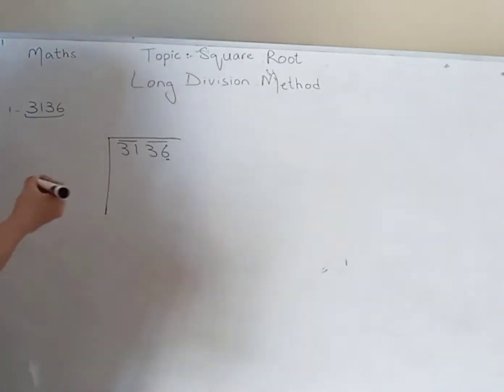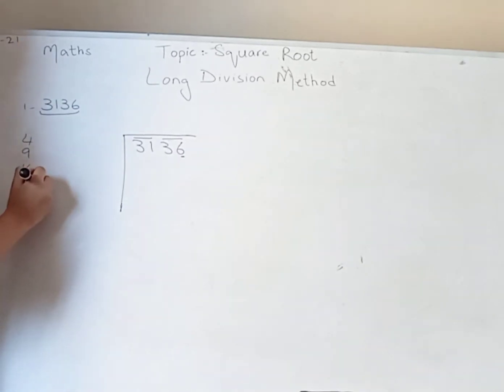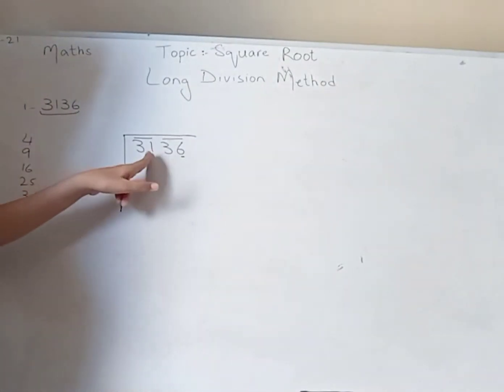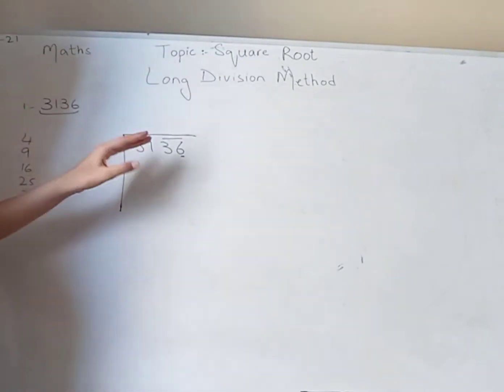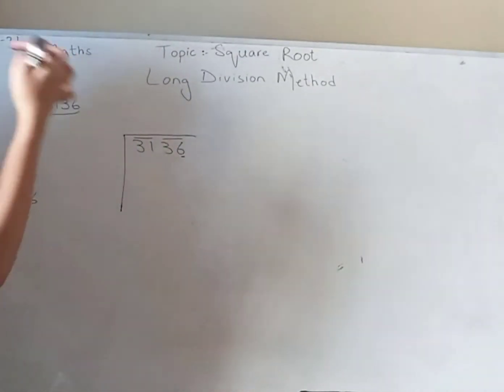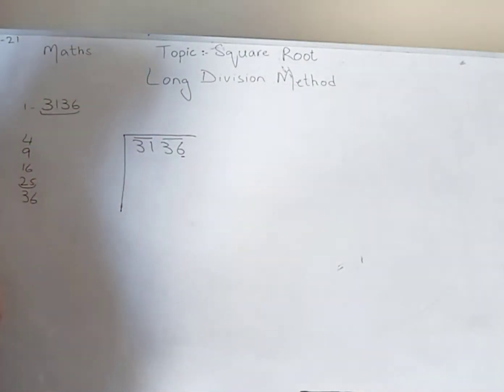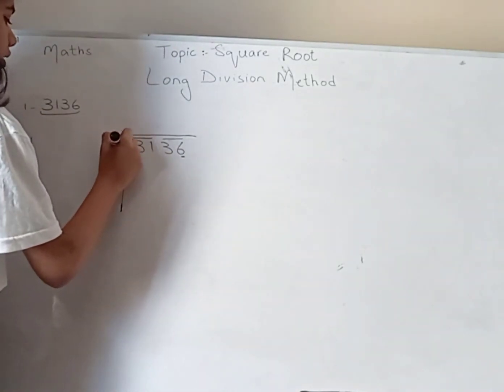For example, 4, 9, 16, 25, 36. 36 is greater than 31, but 25 is smaller than this number, so we can write 25. 25 is the square of 5, so we will write 5 over here.